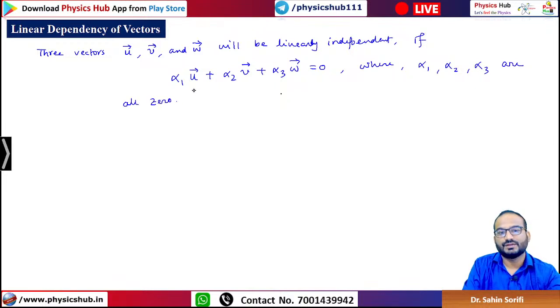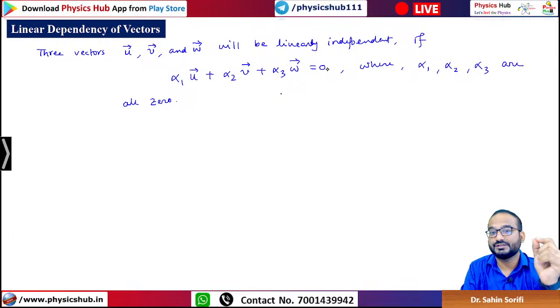If you want to make it 0, there should be only one possibility, that you choose alpha 1 equals 0, alpha 2 equals 0 and alpha 3 equals 0. Then u, v and w will be called linearly independent vectors.